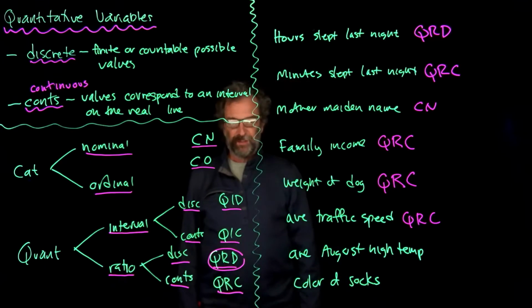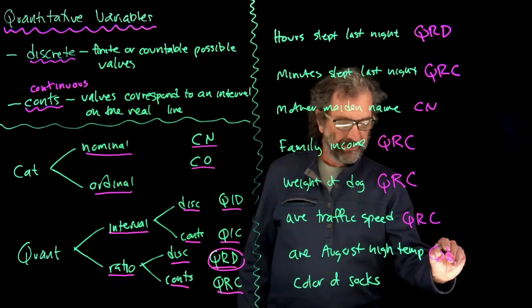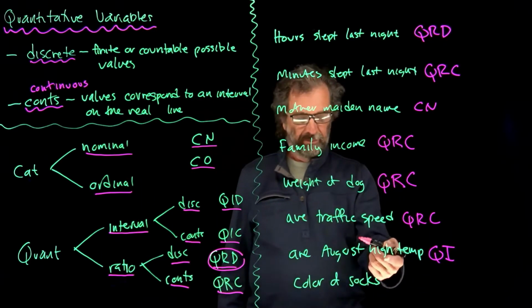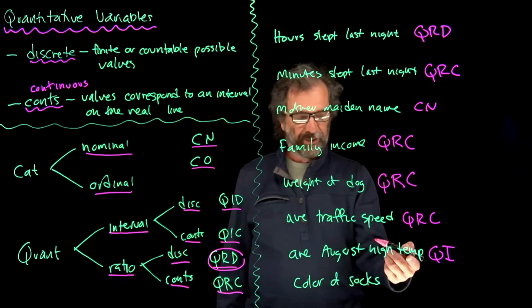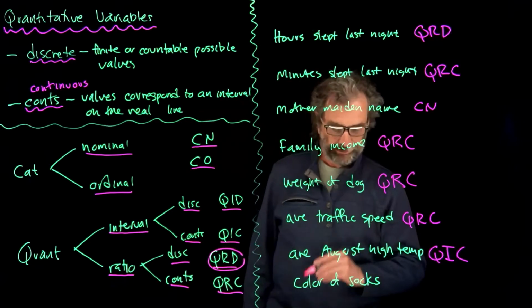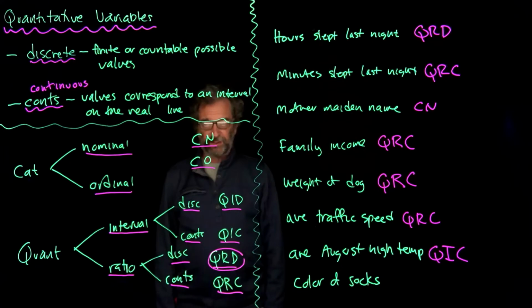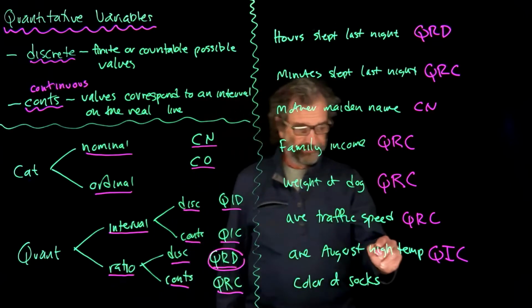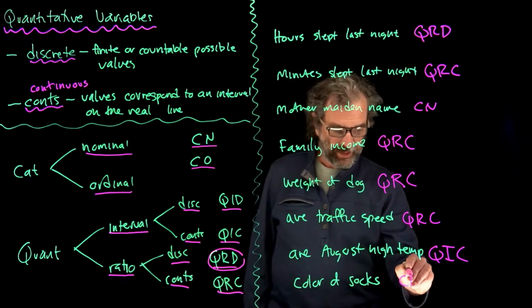Average August high temperature. Well, temperatures are interval variables, so quantitative interval. If you're averaging a bunch of different temperatures together over the month of August, you imagine getting any possible answer, so that would be continuous. And then color of socks. I guess that's categorical. It's color, and there's no order to color, so nominal.